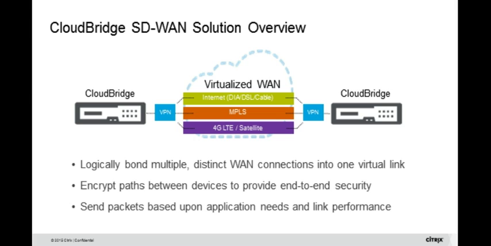Because we're promoting the use of internet-based connections, we do support encryption of the application traffic as it goes across the internet links. And finally, the application traffic is sent across the virtualized or software-defined WAN based upon the application needs and the link performance.